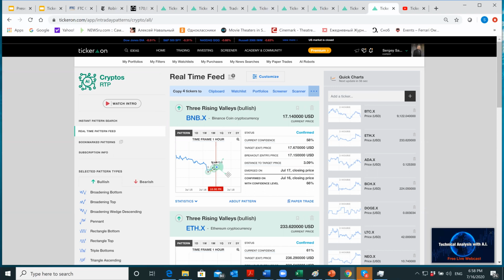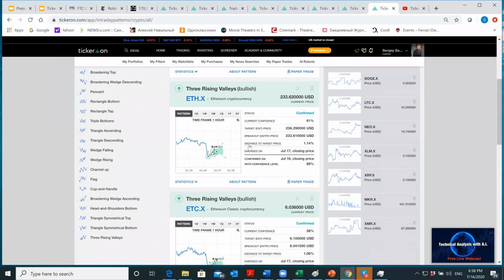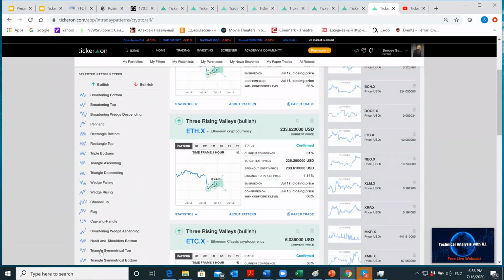As you can see, we're finding the patterns on different time frames. Every 5 minutes, our software finds the patterns and then identifies points of entry, exits, the confidence level, and how much you can make. This is the potential profit. And we find about 37 different patterns every minute.